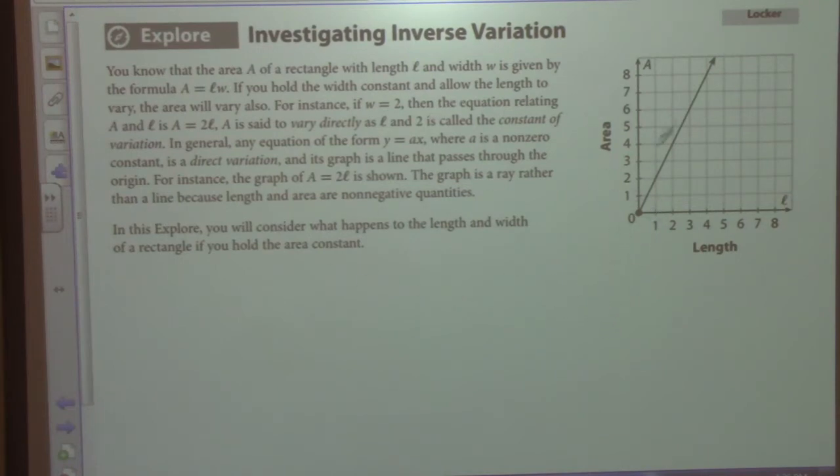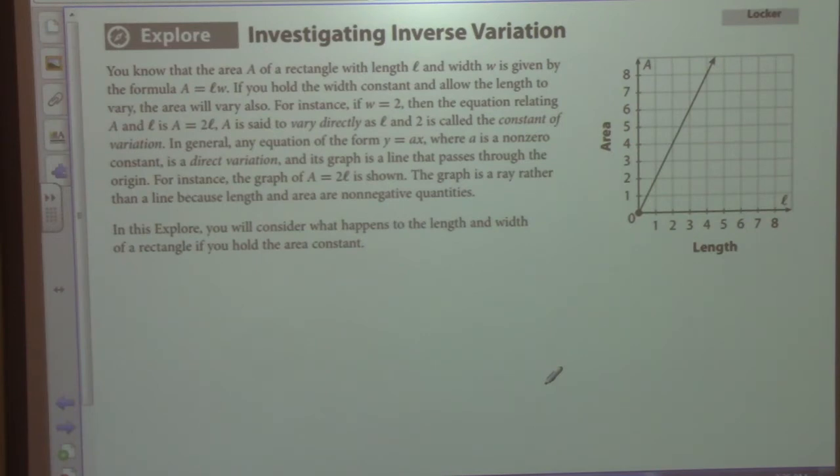A direct variation is recognizable by which features on a graph? This goes back to your star tested concept. What are the two main characteristics of a direct variation graph?